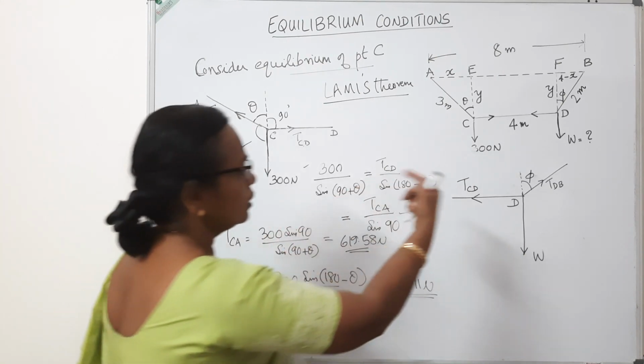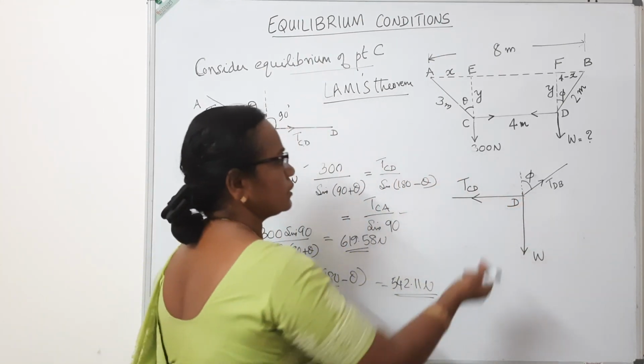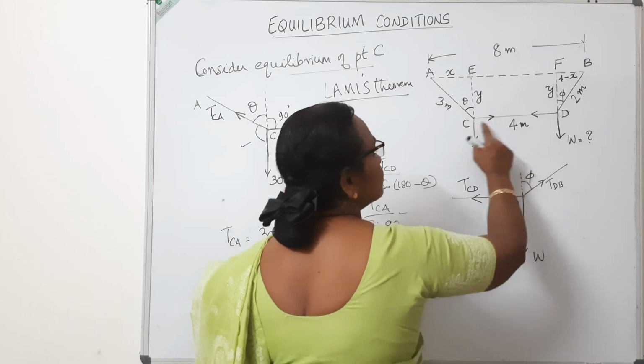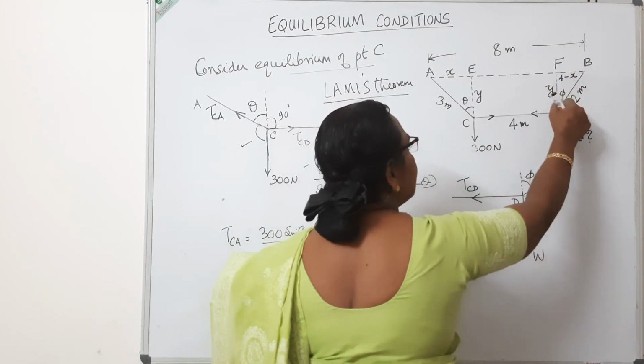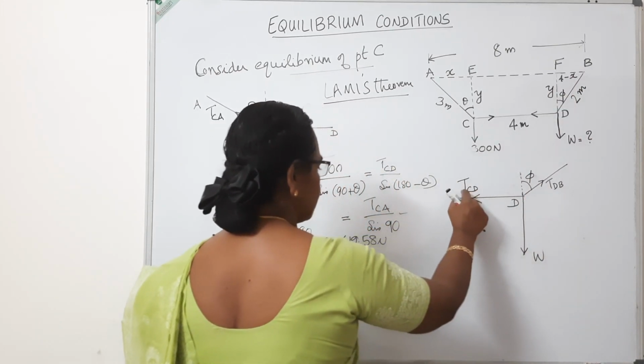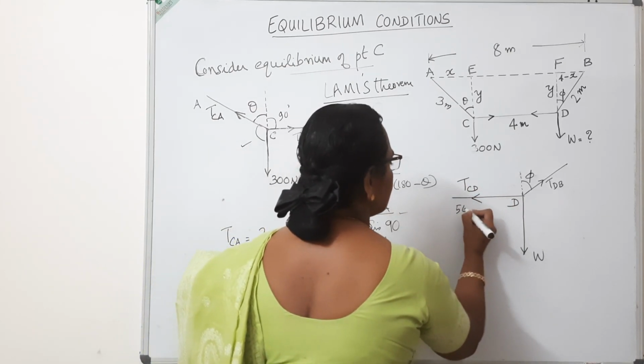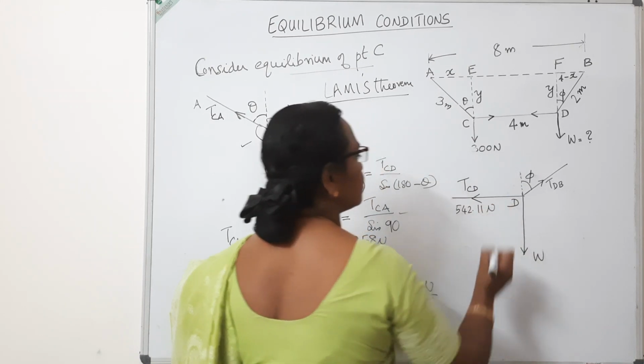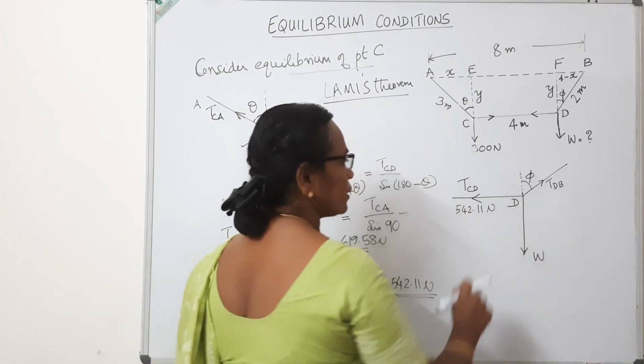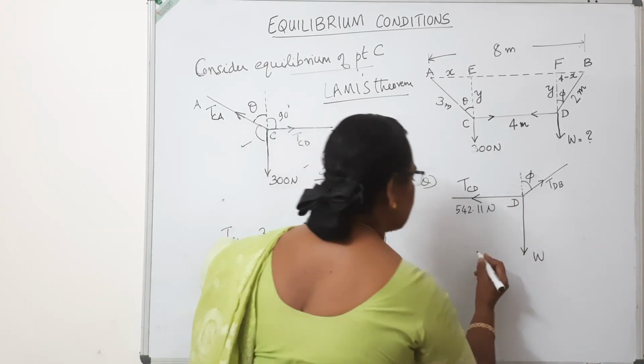Similarly, considering the next joint, joint D, the three forces are TCD, TDB and W. I have marked this. TCD is already obtained from the first step, 542.11 Newton. So here also we can apply Lami's theorem.